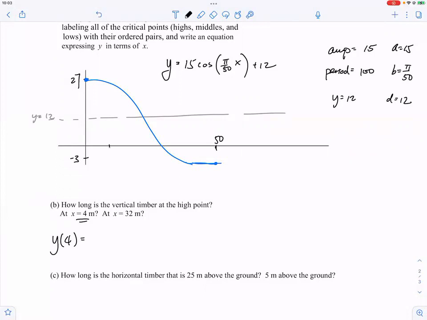That means at x equals 4. What is the height over here? What's the y value? If you plug into a calculator, you should get 26.529. And then at 32 meters, you should get 5.613. So the vertical timber is this high.